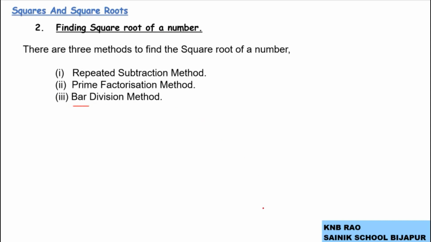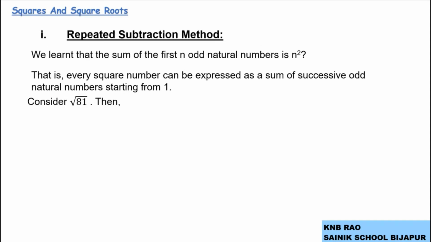Students, coming to the repeated subtraction method, we learned that the sum of the first n odd natural numbers is n square. This is a very important one.